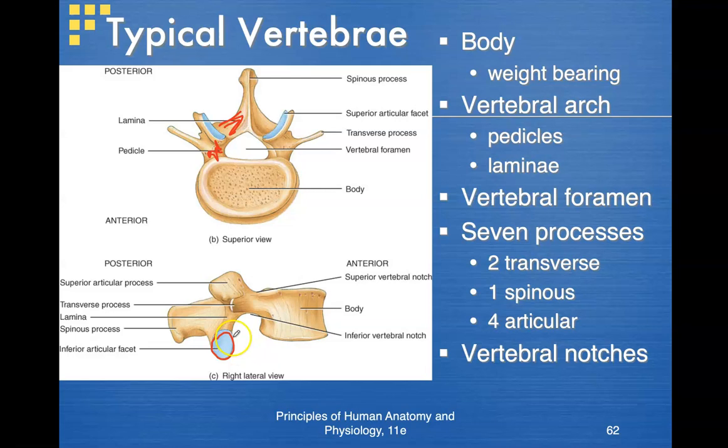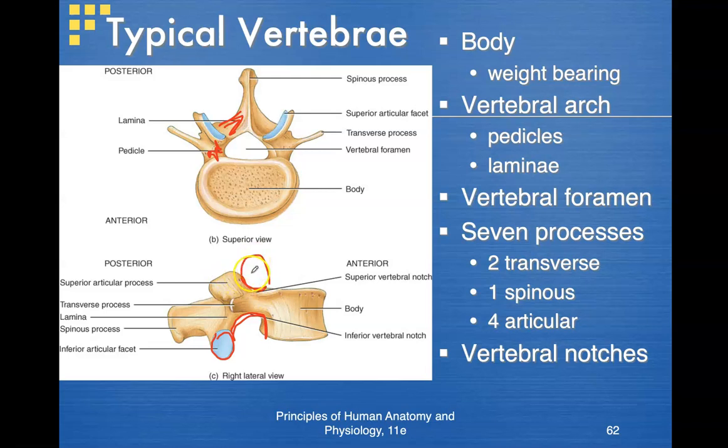And then also really important is going to be this thing right here, called the vertebral notch. So this is going to be the inferior vertebral notch, and then you're going to have a superior vertebral notch here. And so what's going to happen is when the vertebra above it sits on top here, the inferior vertebral notch is going to match up with the superior vertebral notch.